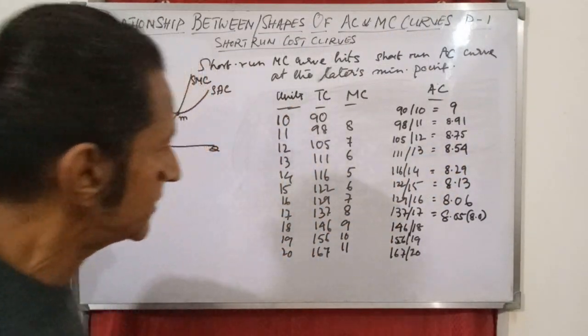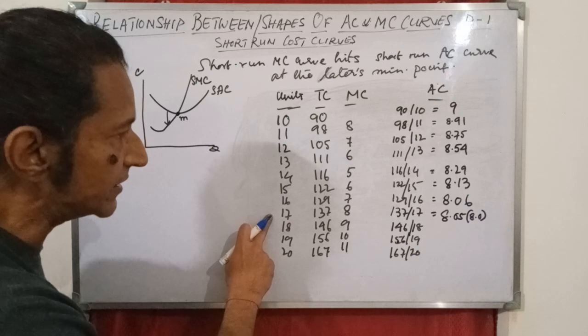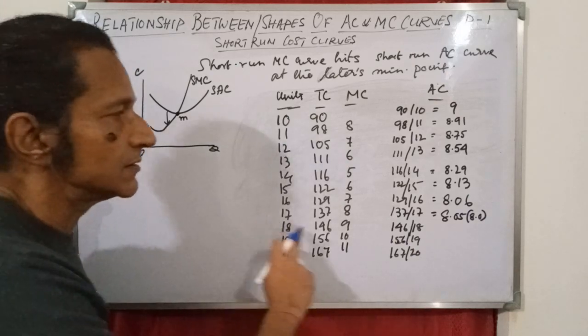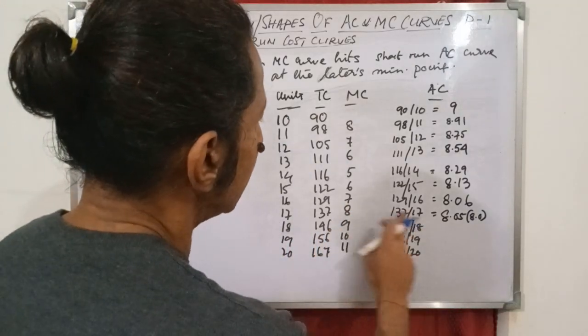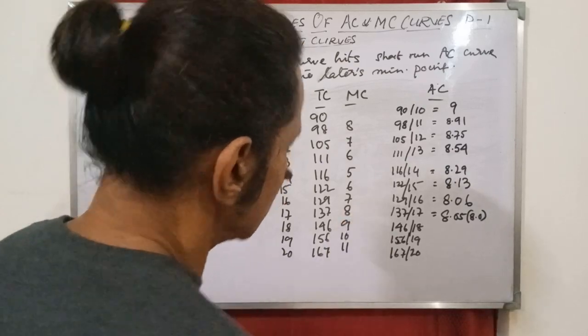That is, for producing 17 units, the average cost and marginal cost become equal.